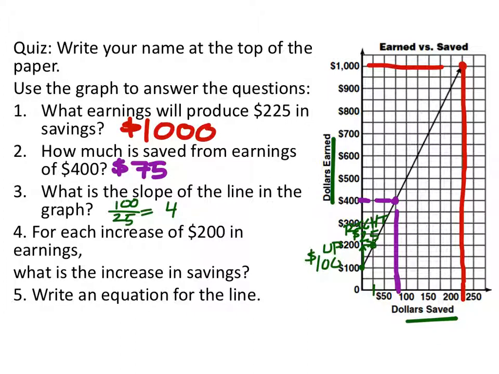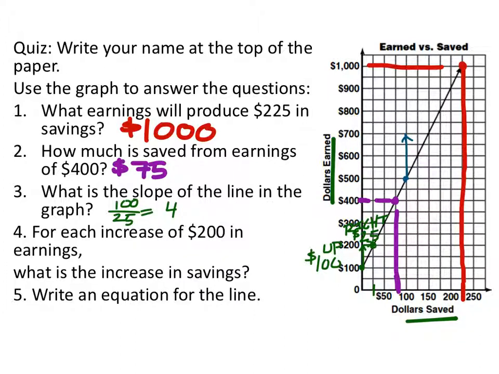Number 4, for each increase of $200 in savings, what is the increase in savings? I think I said earned. Let me try that one again. For each increase of $200 in earnings, what is the increase in savings? So I can just start with 2 points that I have, like this one here. And then I'm going to show $200 of increase.